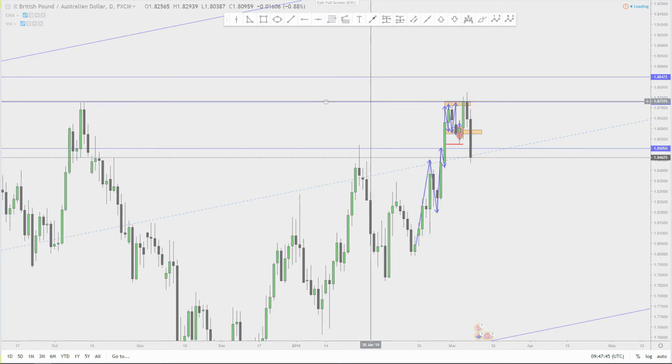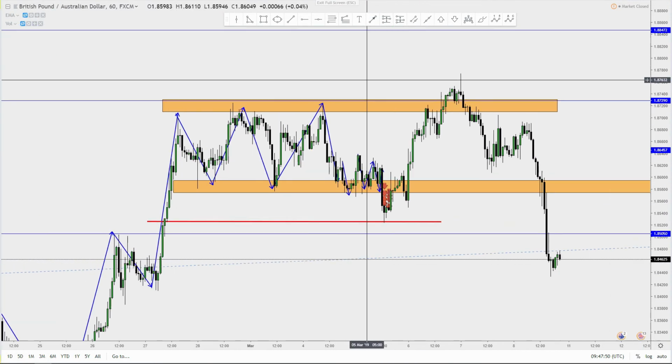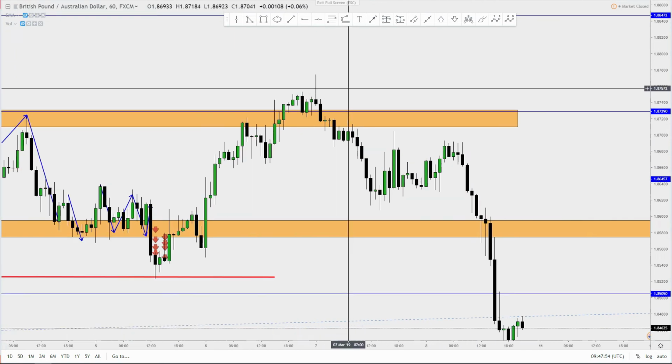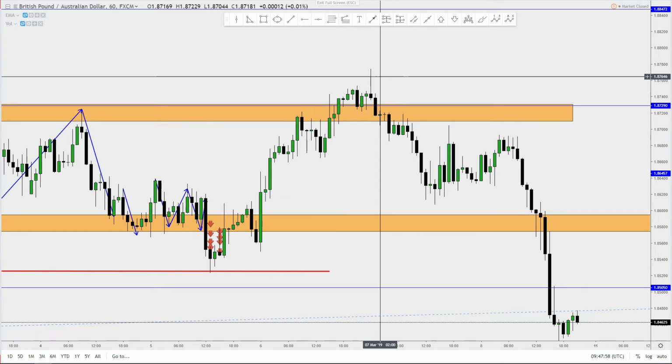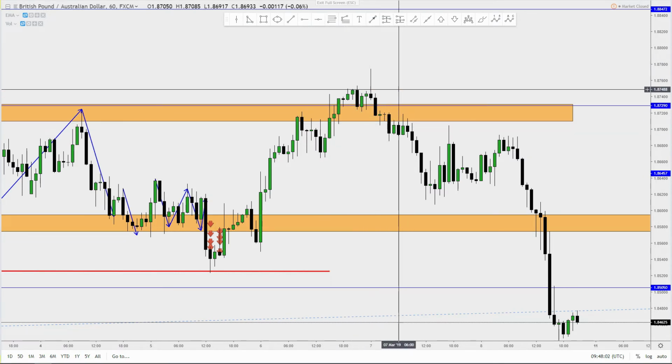Dropping down to the 60, we put in a little pin reversal at the top here, signifying a failure to go any further. That would have been a key indicator to take some profit, roll your stops, however you manage your trade.